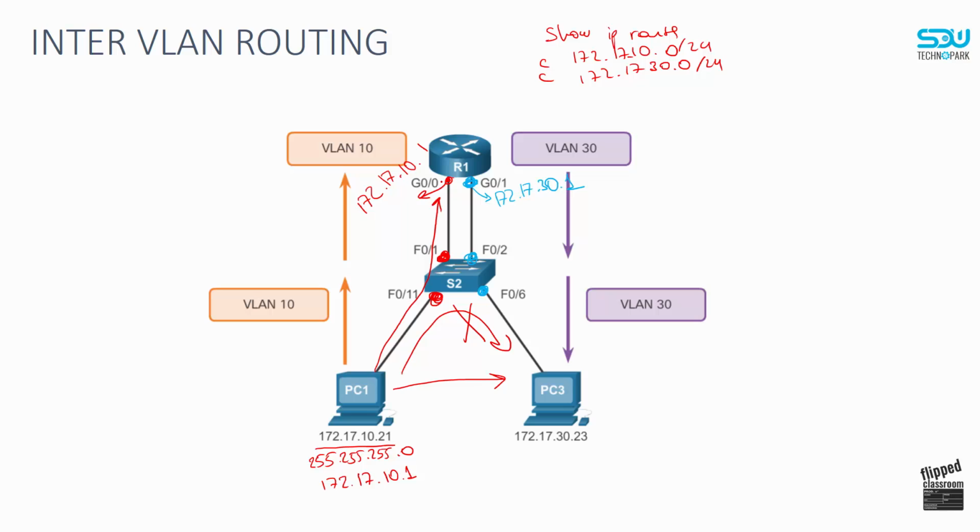The router will receive this request and determine that it has connectivity with this network. By the way, I forgot to draw the exit interfaces. Our router will resend this information through the gigabit 0/1 interface, so we'll have a hop here, and then our communication will go to PC3. When PC3 replies, it comes vice versa.